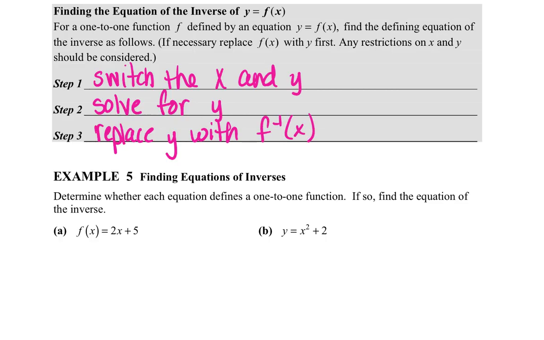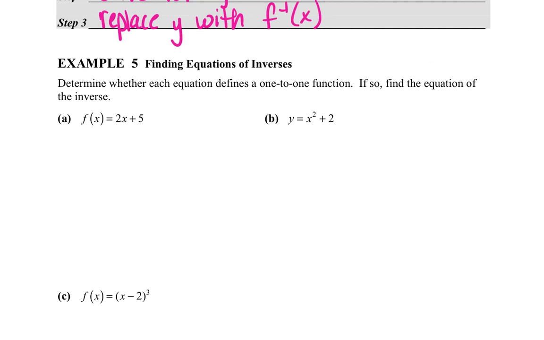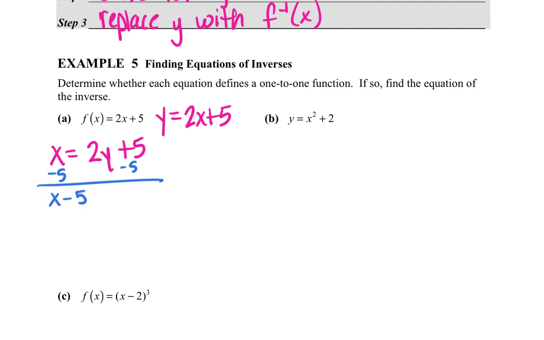All right, so this is what it's going to look like. First of all, they gave me f of x equals 2x plus 5. So I'm going to write it as y equals 2x plus 5. Now that I have it written as an equation, I'm going to switch the x and the y. So now x equals 2y plus 5. Now solve for y. I'm going to subtract 5 from both sides. So I get x minus 5 equals 2y. And then I'm going to divide the whole thing by 2.